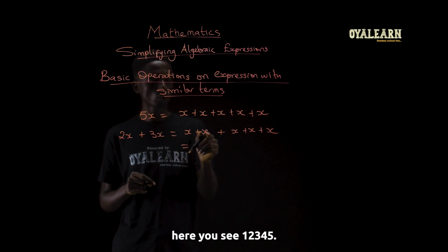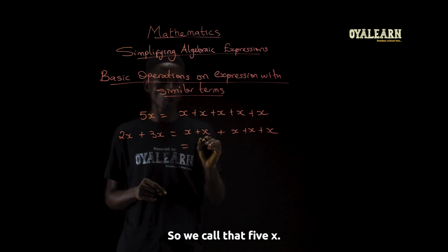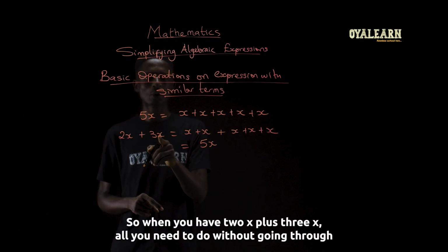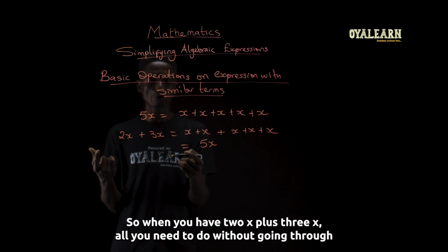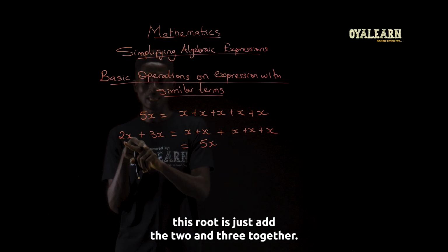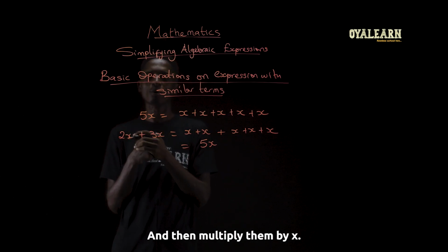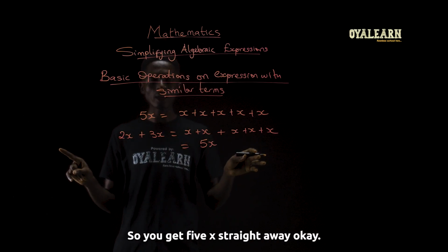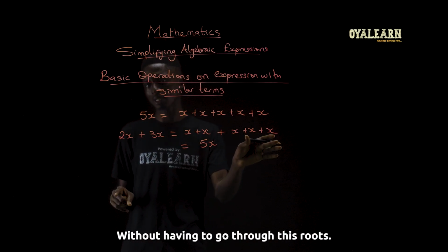You see 1, 2, 3, 4, 5. So we call that 5x. So when you have 2x plus 3x, all you need to do without going through this route is just add the 2 and the 3 together and then multiply them by x. So you get 5x straight away, okay, without having to go through this route.